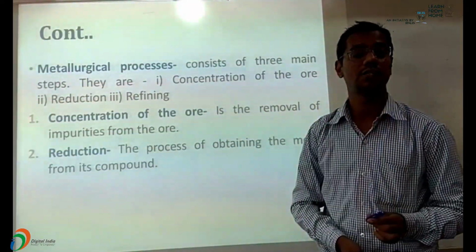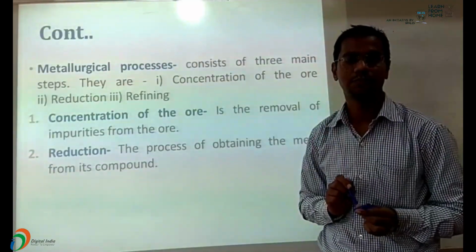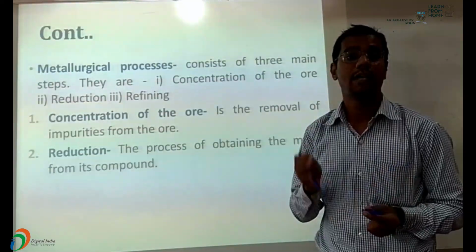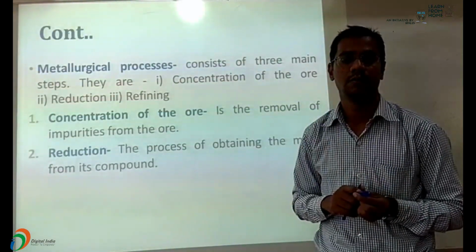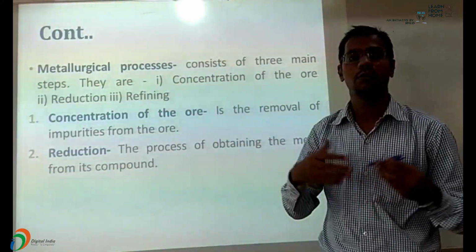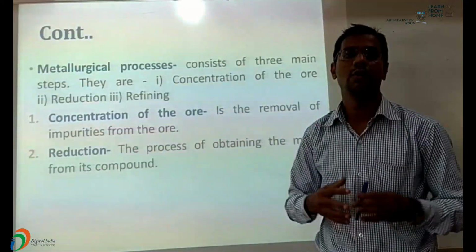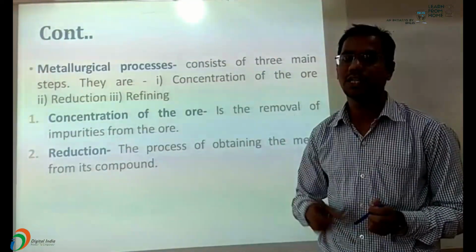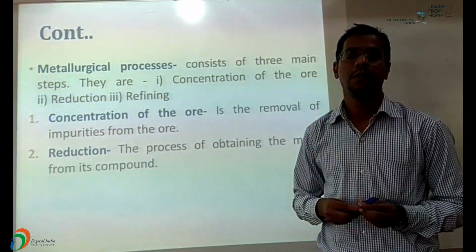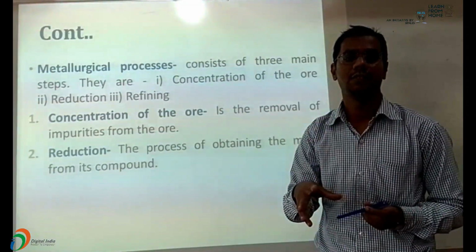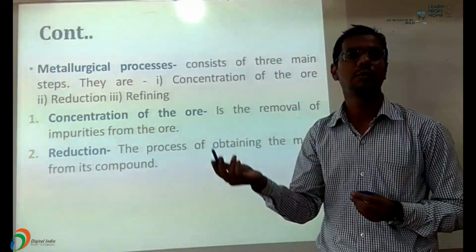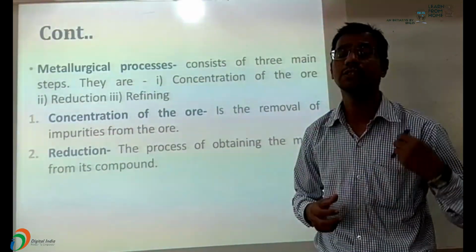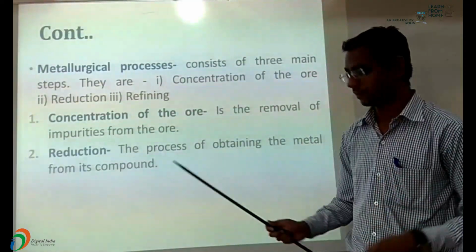This is called reduction by chemical means, obviously. So chemical processes are required. In concentration of the ore we can do it physically, with different kinds of processes, but reduction is a chemical process. You should compulsorily add something so that this can easily be removed and you can get this one. This is called reduction.